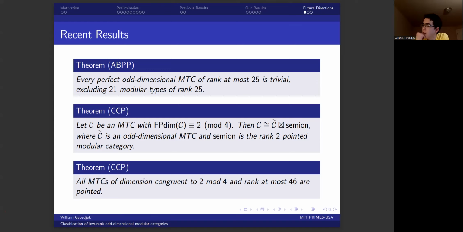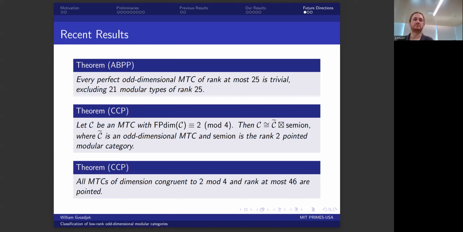For rank 23, we didn't actually end up with any physical categories, because when we ran the algorithm specifically for the perfect case, the algorithm produced no output, because the perfect case cannot exist. So it didn't produce anything. I see. So for rank 23, the dimension is always 23 because it's pointed.